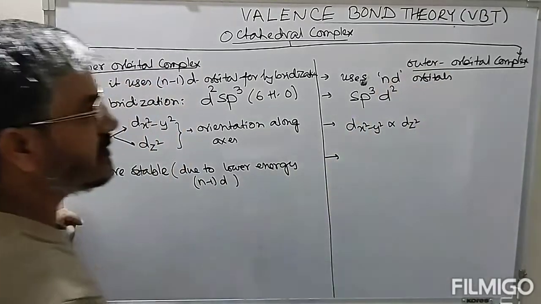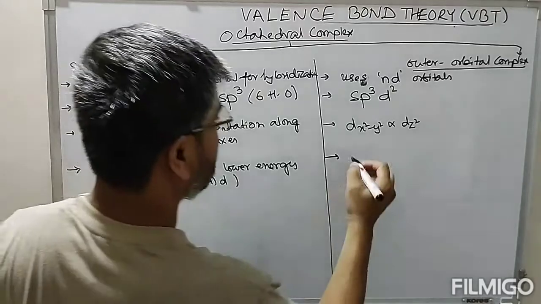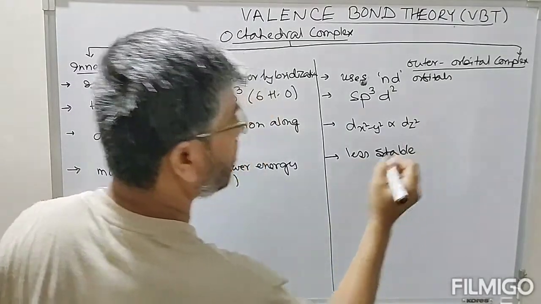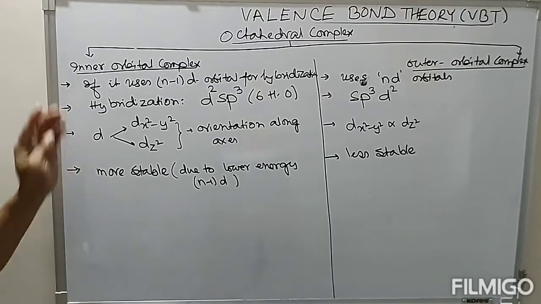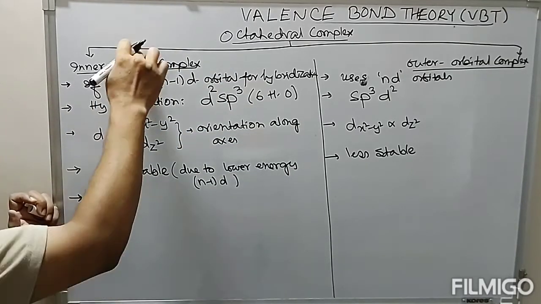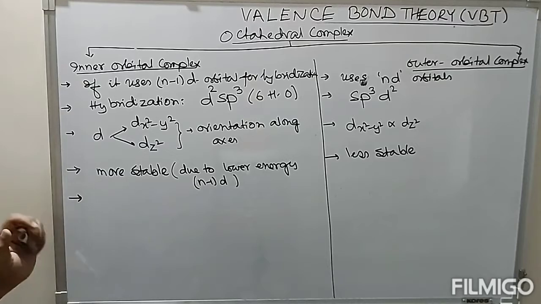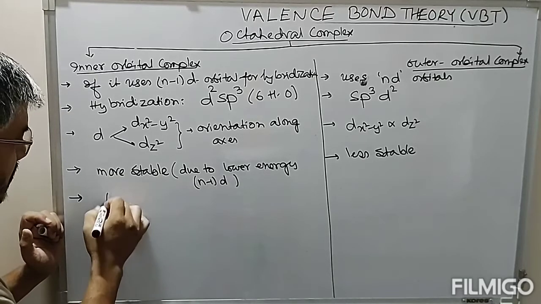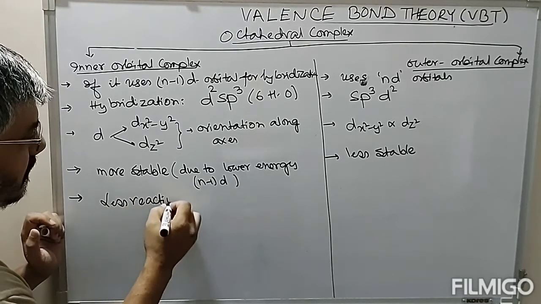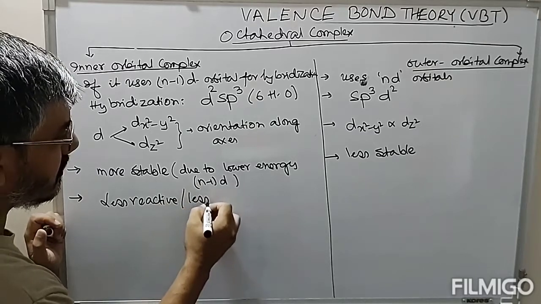Since the higher energy d orbital is used, the outer orbital complex is less stable, whereas the inner orbital complex is more stable. If the inner orbital complex is more stable, then it is less reactive or less labile.